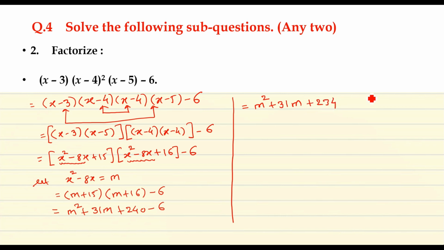234. So what I will do here, I will find the prime factors of 234. So that 234 is to be factorized in such a way as to get an answer of 31. So if you take the prime factors of 234, 2 ones are 2, 2 sevens are 14, and this is 117.